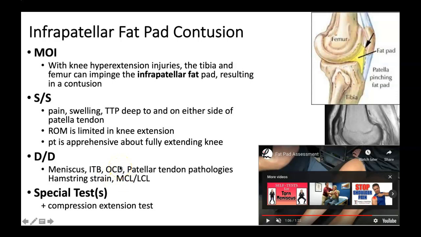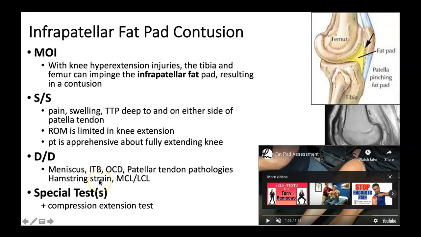I think the one that makes the most sense in terms of ruling out pathologies is a patellar tendinopathy, right? So a patellar tendinitis or a tendinosis should certainly be ruled out. Because the patient will want to avoid end-range extension, we also want to rule out a hamstring strain, because what we know about hamstring strains is that if we extend the knee, we're lengthening that muscle.